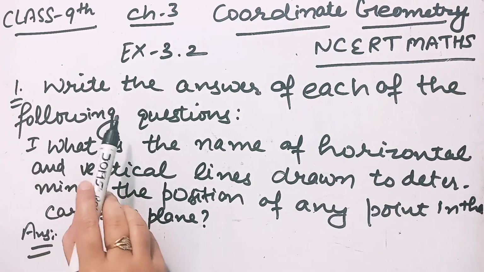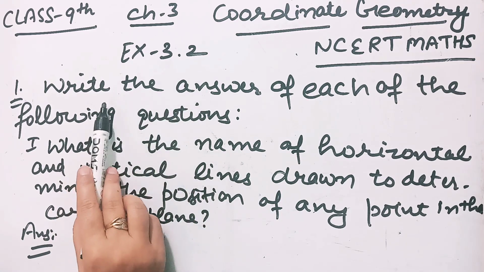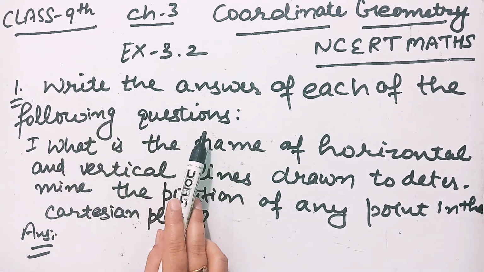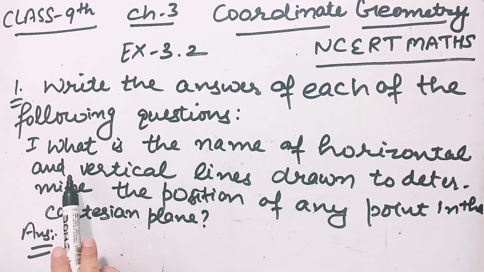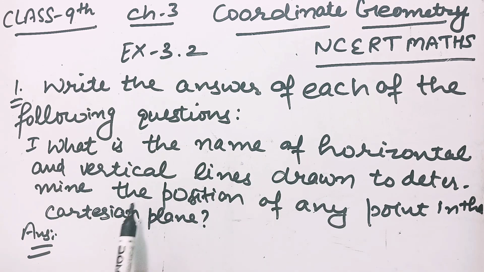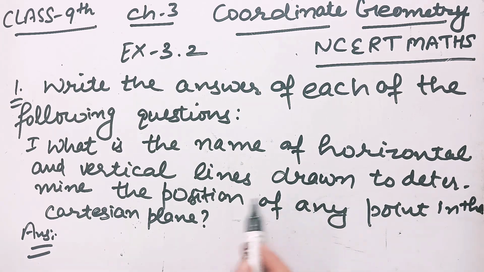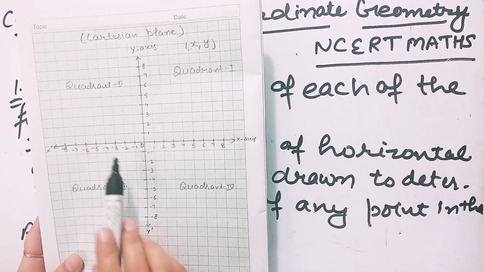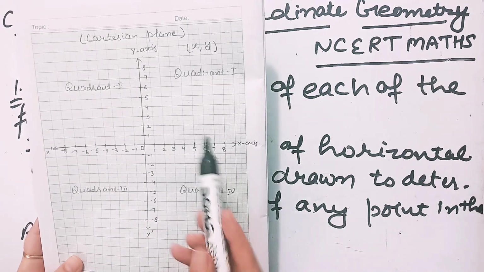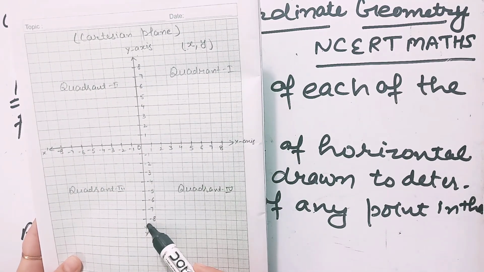The first question of exercise 3.2 is: write the answer of each of the following questions. What is the name of the horizontal and vertical lines drawn to determine the position of any point in the Cartesian plane? As I have told you before, you can see in this plane the horizontal line is the x-axis and the vertical line is the y-axis.